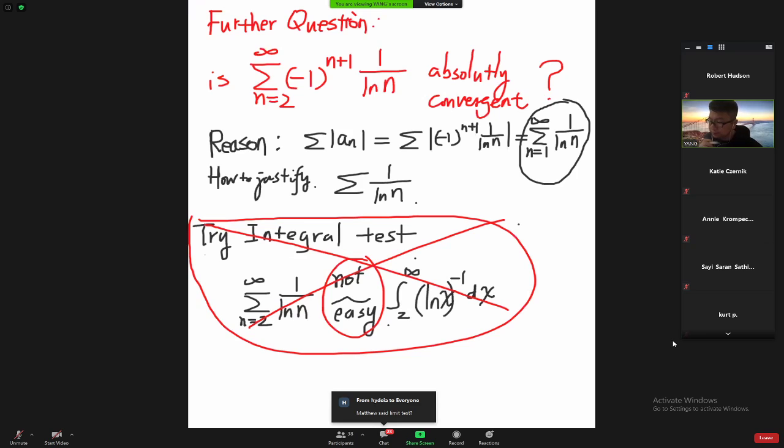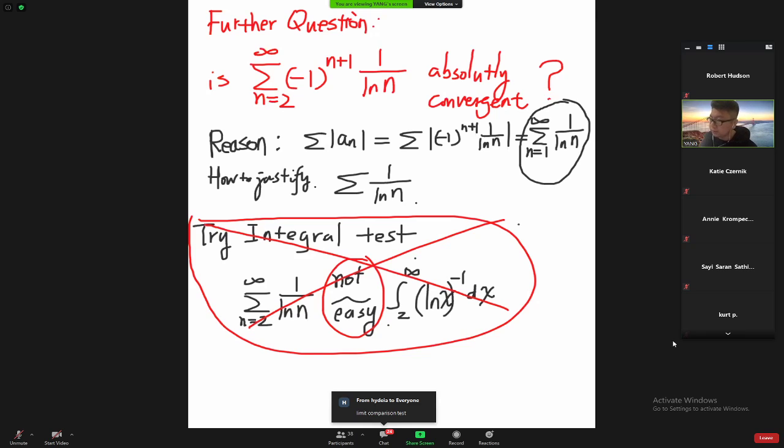Limit test. I have never known what a limit test is. I have never heard about that. I heard about the limit comparison test. Okay, so the limit comparison test.